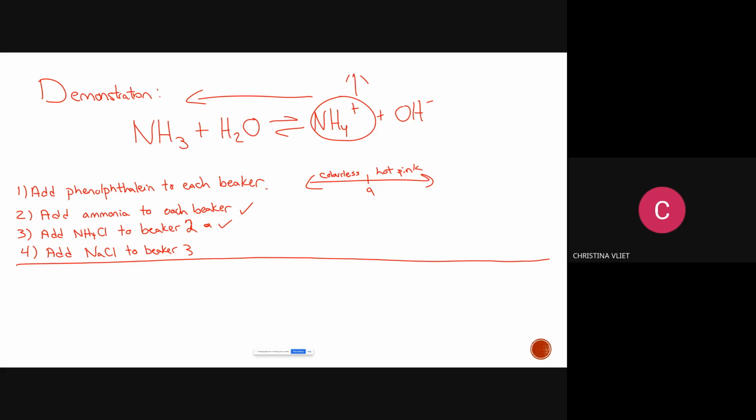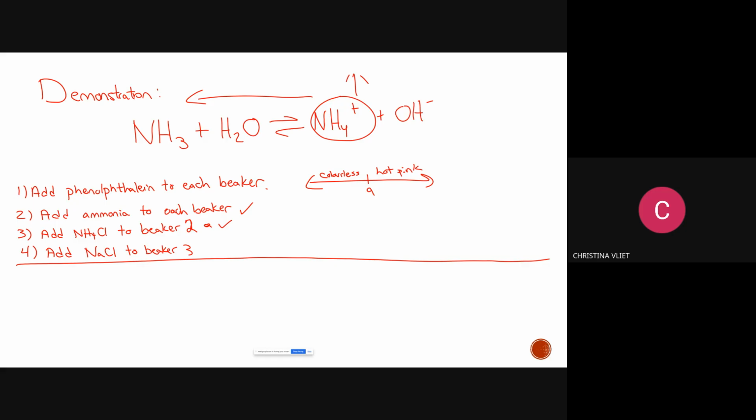That might have gotten in there, but I don't think so. Okay, so do you see anything happening? I don't see anything happening. Why not? No NH4+. No common ion. So I can't just add any salt and shift that equilibrium. The salt must have a common ion.